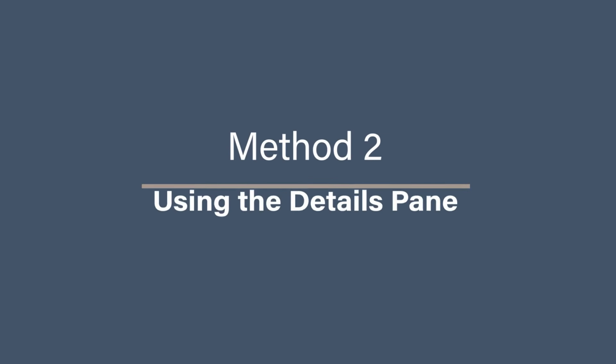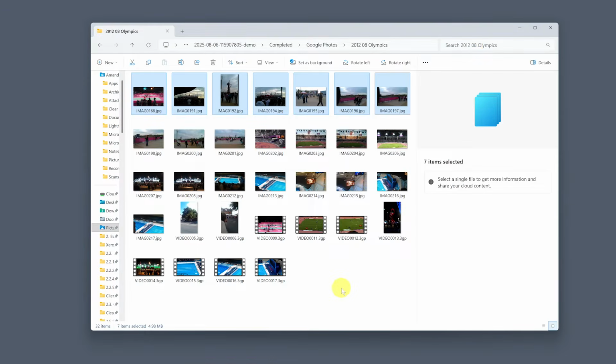Method 2, using the Details pane. So in good old Windows 10, you could also edit tags in the Details pane, but annoyingly, this is not as quick as it used to be. Go to the top of the Explorer window and click View. Then select Show Details pane. Then click on a photo.